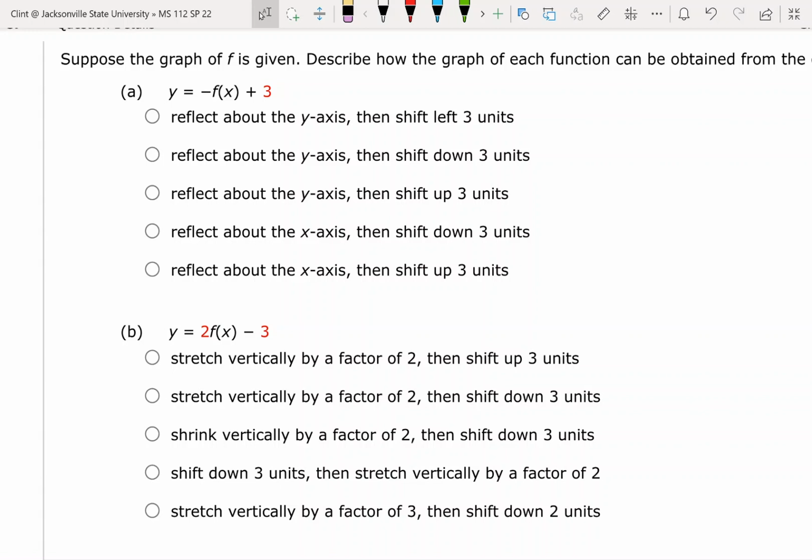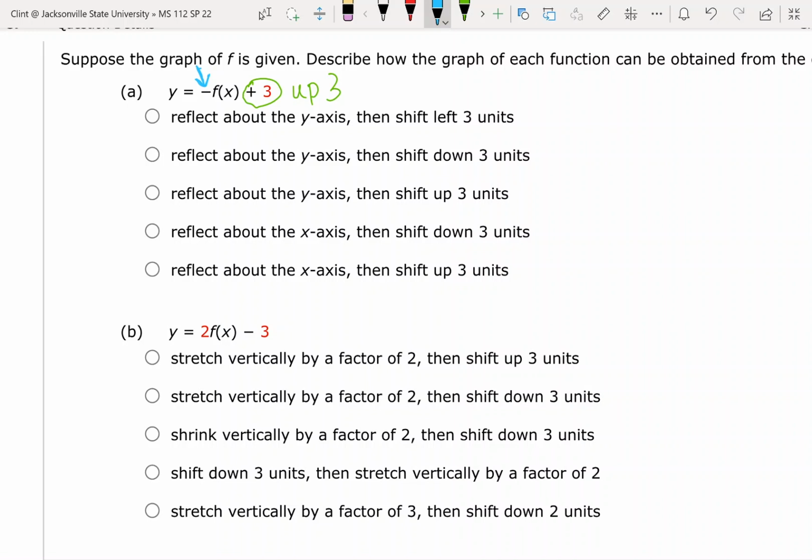All right, same idea on this one. We got the plus 3 just on the end there, so that's going to be up 3. But then we've got a minus sign out front. That's going to be some kind of reflection. We just got to remember that y-axis or x-axis.